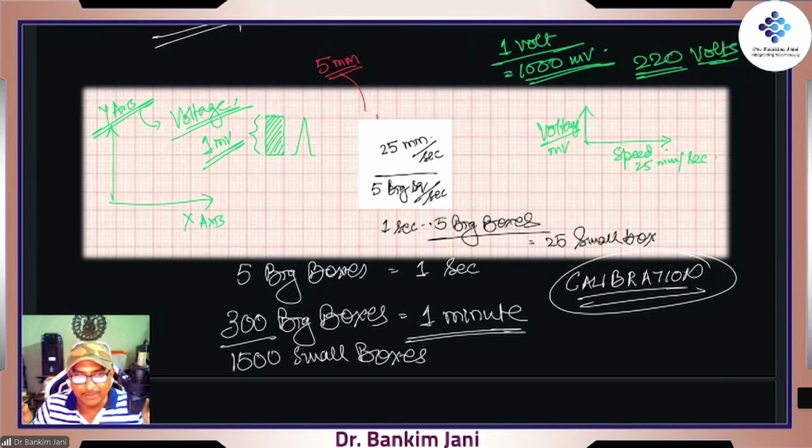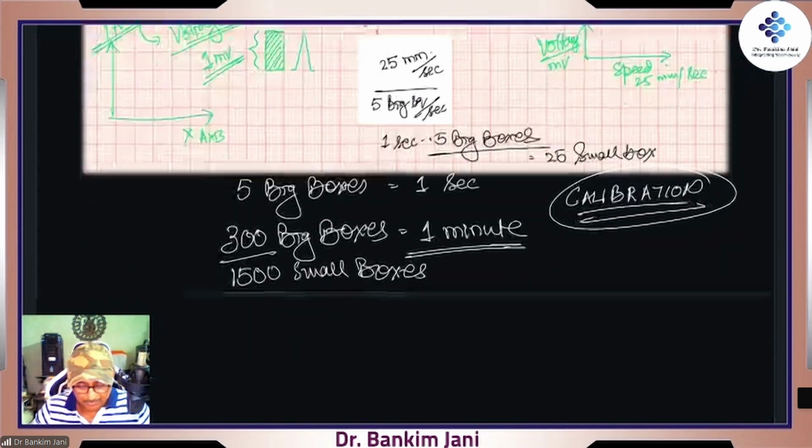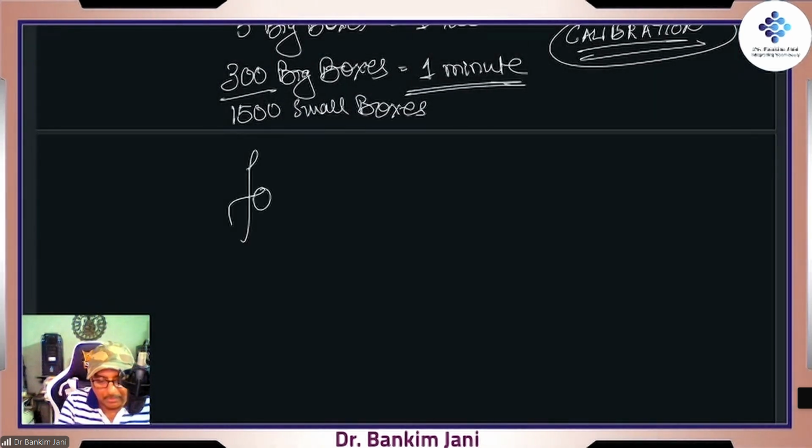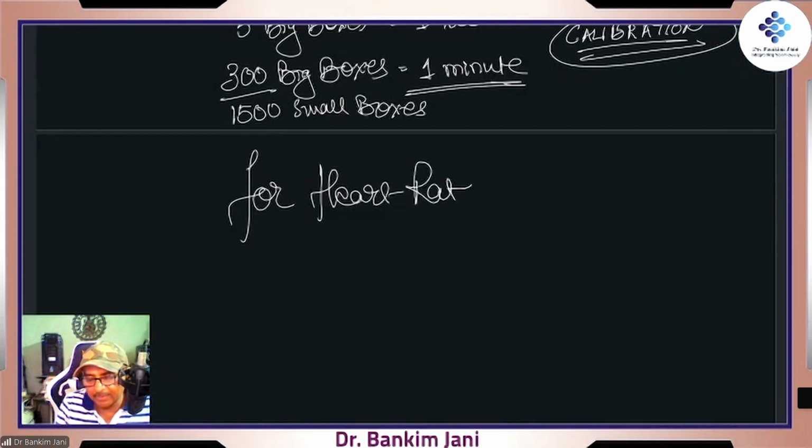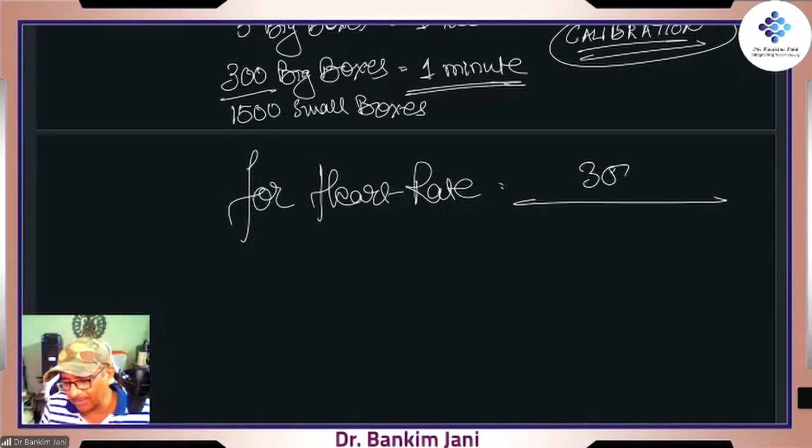Now we have to find out the heart rate. For heart rate, this is very simple now. The total is 300 divided by the distance between 2 consecutive waves.